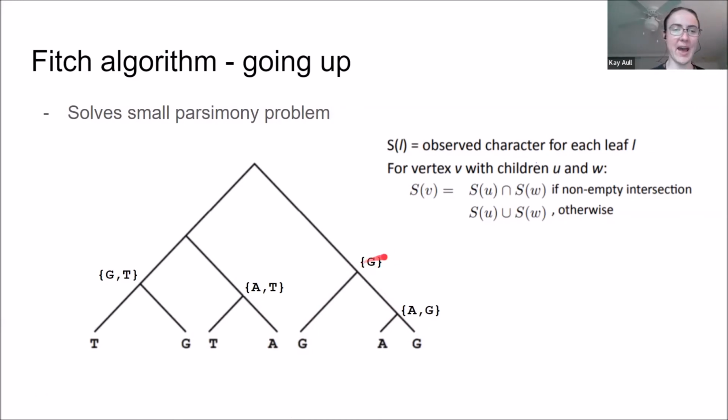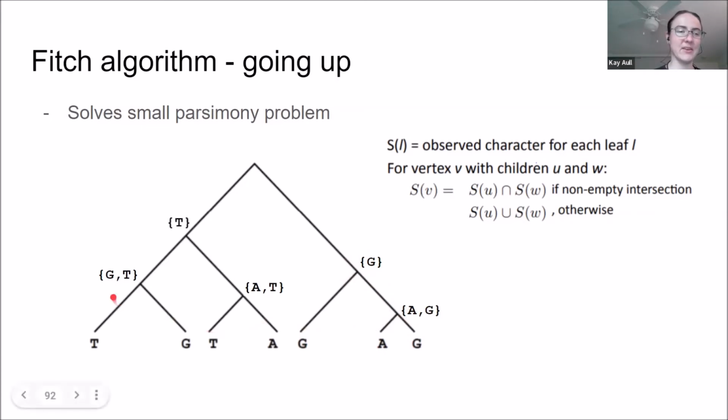And so I have a shared thing that this could be. And so I'm going to guess that my common ancestor up here was G specifically, because that is the most sensible solution for having one branch that is G and another branch that contains G. It is most likely that this A is a mutation, and I'm going to keep the G at this vertex here.